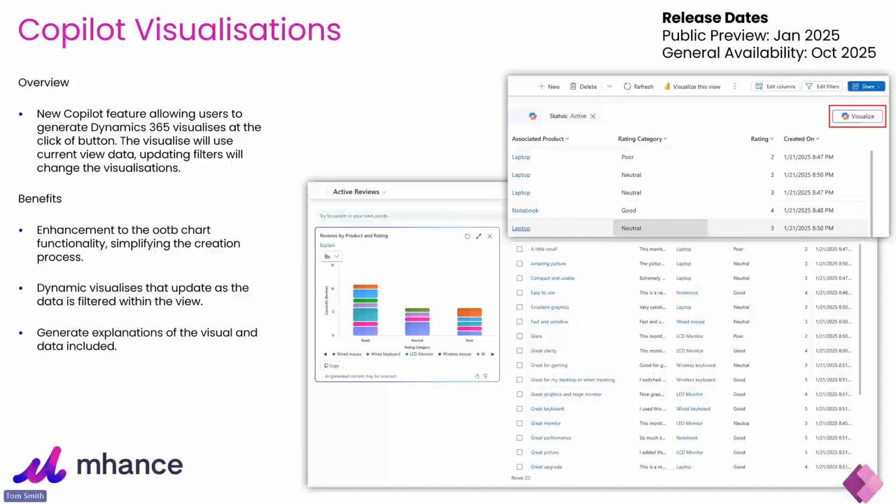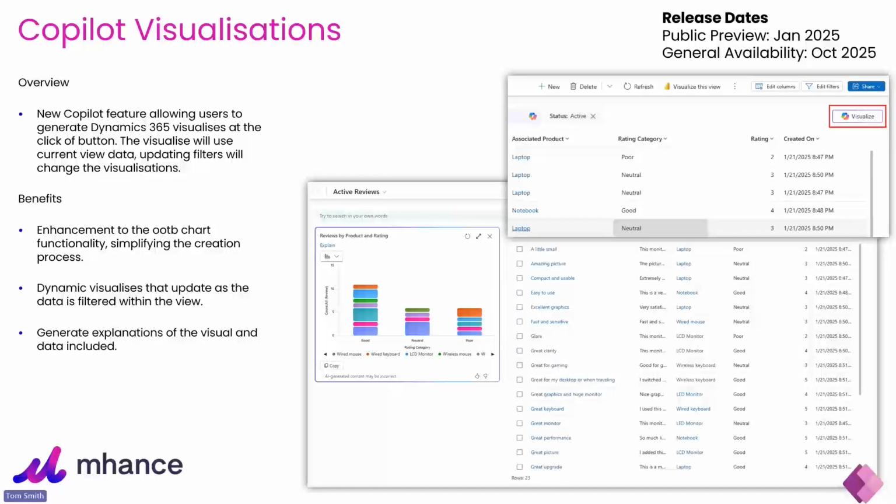Now, what we can find with this feature is that the charts themselves are a bit more dynamic, so you can play around with the filters, and then that will update the charts as you click around, as you update the view itself. So if you change the filters on the view, that will update the chart that generates as well.